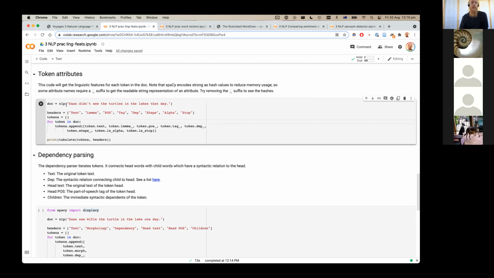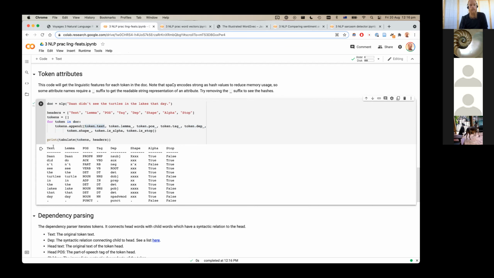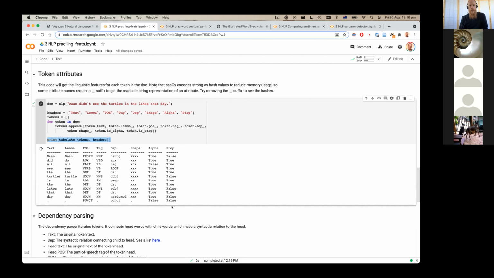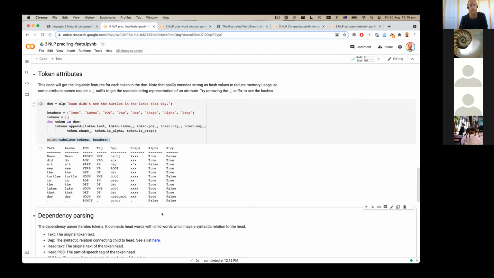When we use a sentence in spaCy, it creates this doc object, and it's a generator of token information. So we'll iterate through the generator, and we can look at the data that's in there. So I'll run this and we'll see what the output is. Then we output the data using the tabulate package to make a slightly more human readable output rather than the plain strings that it might otherwise give us.